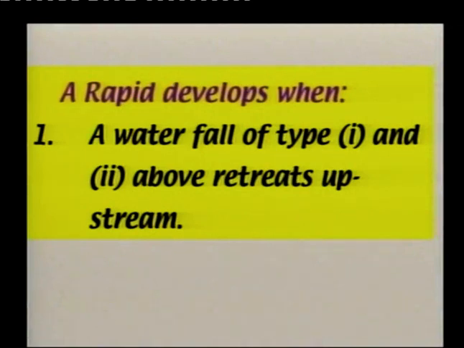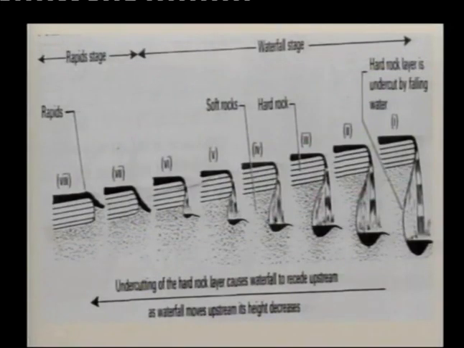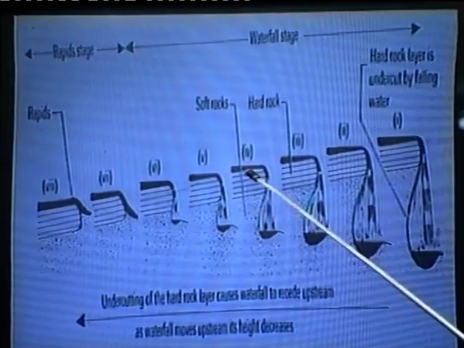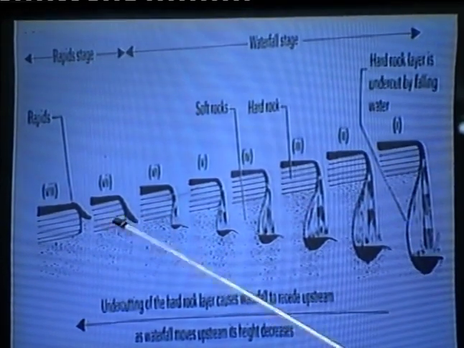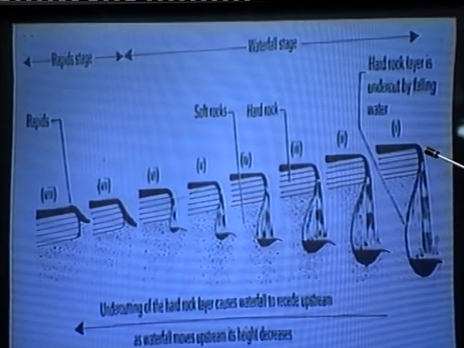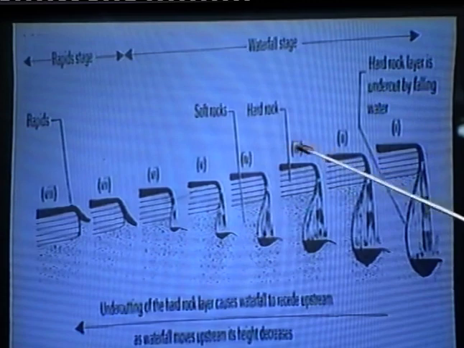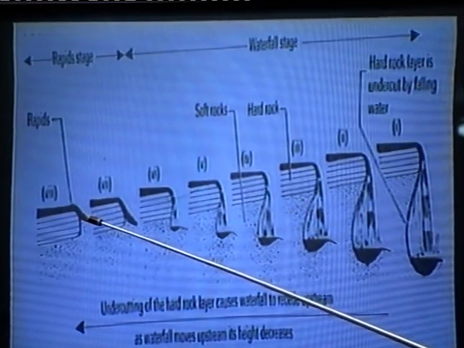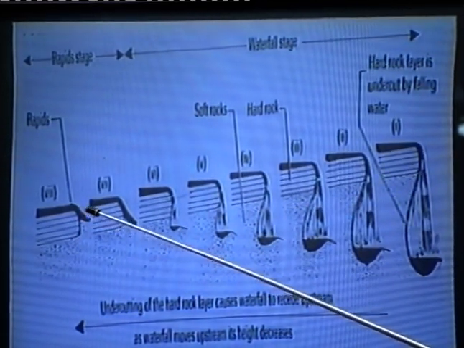To show that with a diagram so that we understand what the definition is referring to, you have diagrams numbered 1, 2, 3, 4, 5, 6, 7, and 8. You don't necessarily have to have 8 diagrams, but here I'm just putting 8 diagrams to help you understand the development from where the waterfall is, the difference in height from where the fall occurs, to stage 8, whereby the difference is very small.